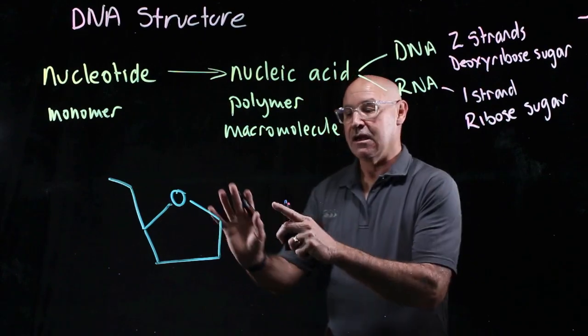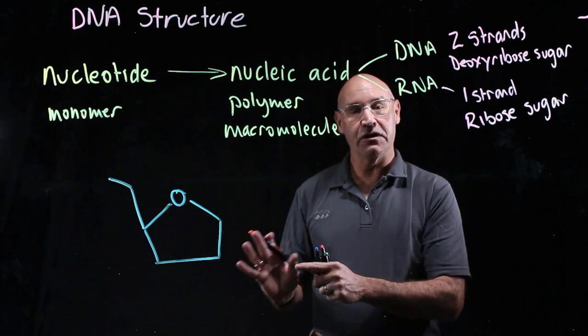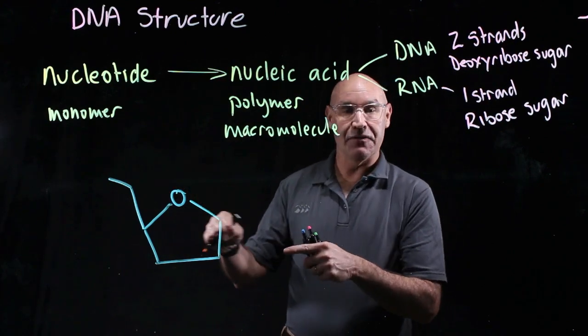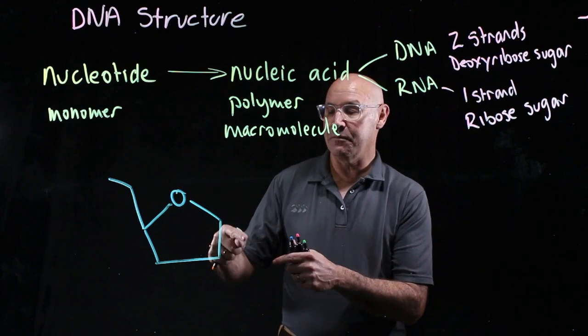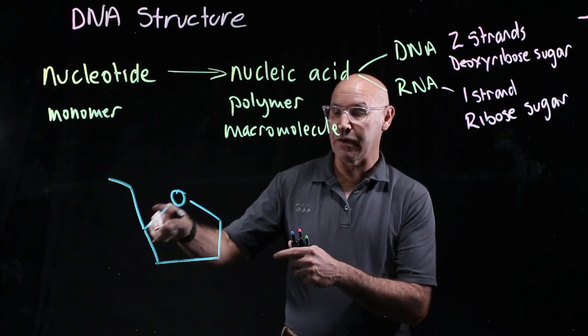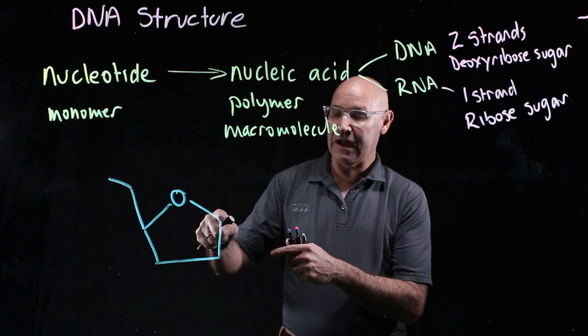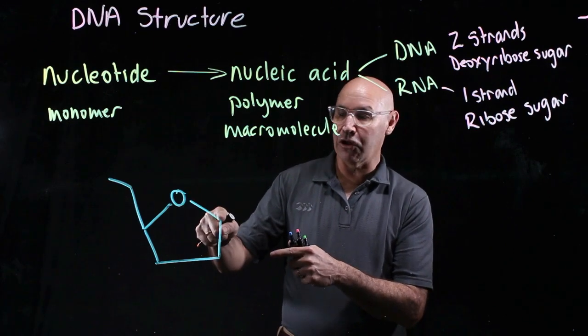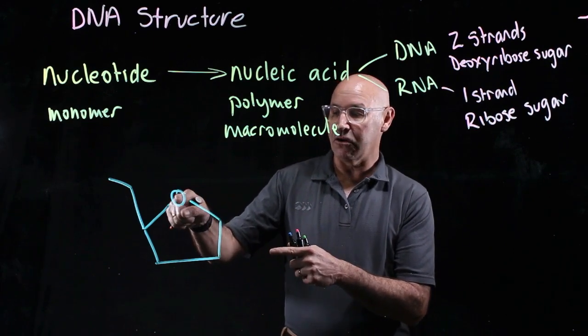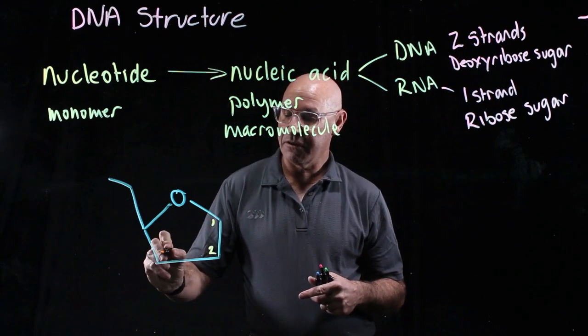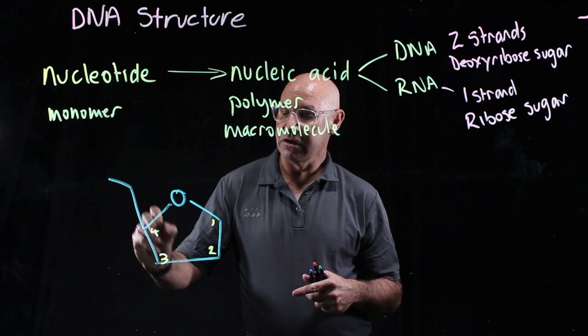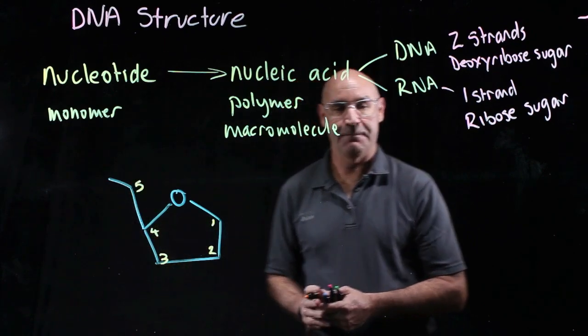First, I'm going to show you how we number the carbons. The way we number carbons in organic chemistry is in a clockwise direction, and we start with the carbon that's closest to the oxygen. So we've got oxygen here, so this is carbon 1, carbon 2, 3, 4, and this is carbon 5 here.